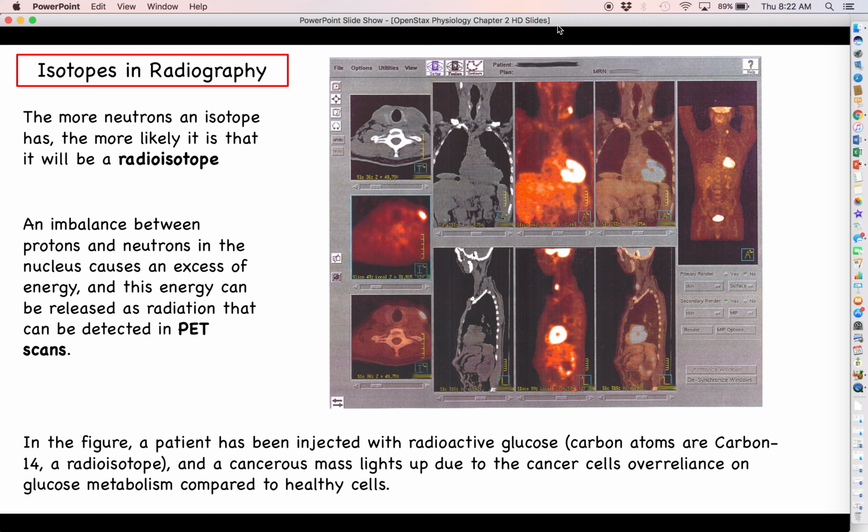This radioactive glucose accumulates in cancer cells, meaning that we can detect neoplastic tumors if we inject someone with radioactive glucose, provided that the tumors are large enough to see. For this person, you can see on the far right 2 different tumors, one of which is the neoplastic tumor, and then presumably one that has metastasized somewhere else.